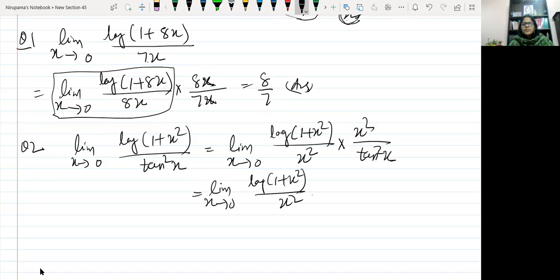The limit of the product is equal to the product of limits. So limit x approaches 0 of x by tan x, whole square. Applying the standard formula, we get 1, because when x approaches 0, x square also approaches 0, right?